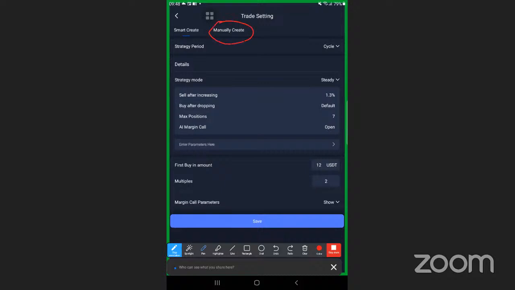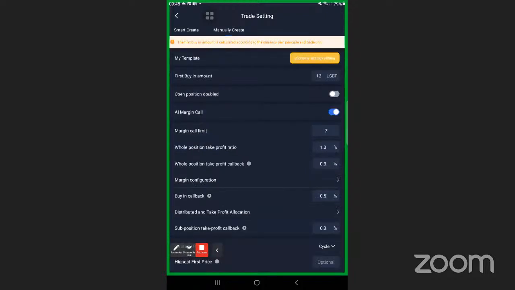So let's tap on the manual and we are landing here on the manual create. We have landed now on the page where we are going to start putting in our numbers, our figures, whatever we want to put in.